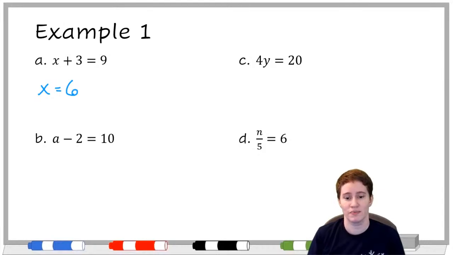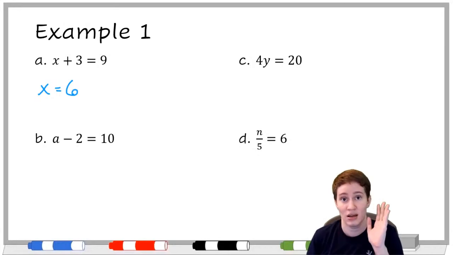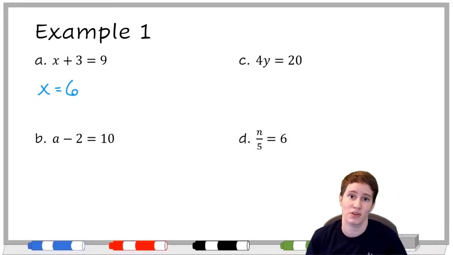Think about it, and if I'm telling you the answer too quickly and you need more time to think, make sure to pause the video as we're going along. If on the other hand I'm going too slow, there's a cool feature on YouTube where you can speed videos up. So something minus 2 equals 10. That should be 12.